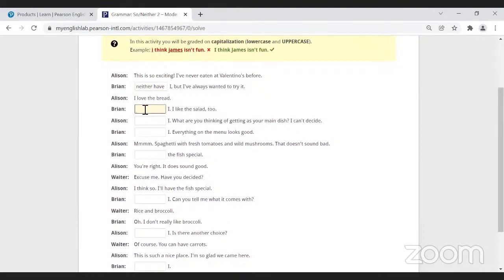So the thing that you have to put is maybe neither or so with the auxiliary, okay? But don't forget the capital letters, Eunice. Okay, teacher. Capital letter in neither in the first one. And in so too.